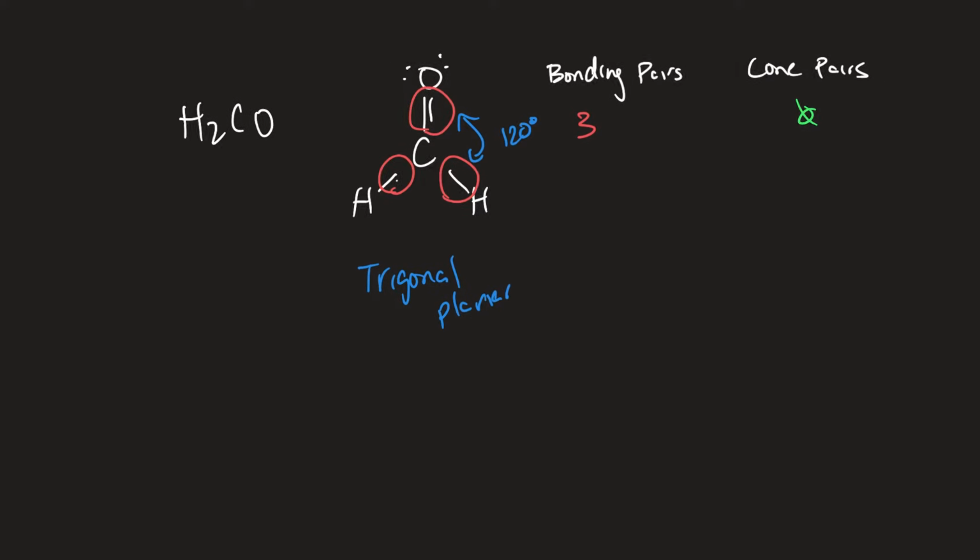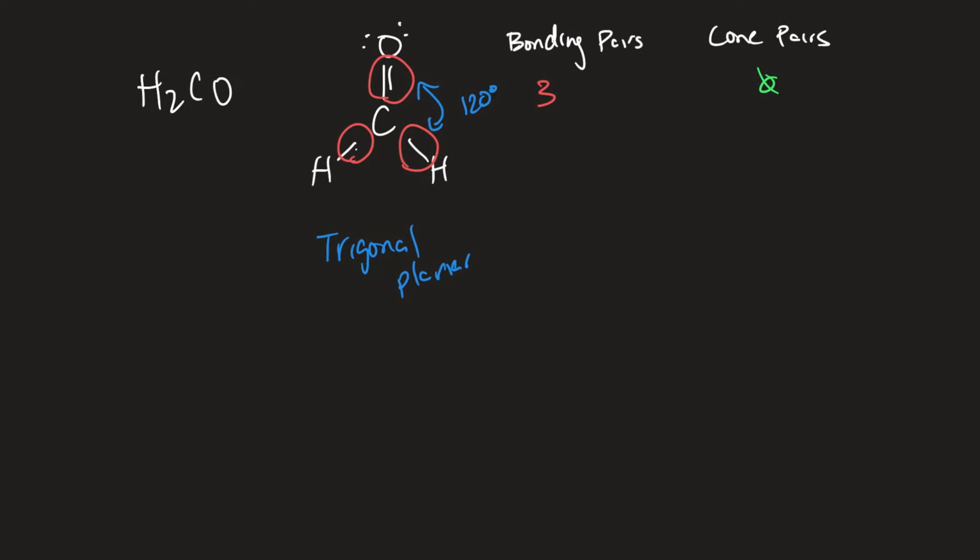Well, there's another variation where you can have 3 electron groups attached to the central atom. It just looks a little bit different, and the shape is a little bit different. An example I want to give of that is SO2.